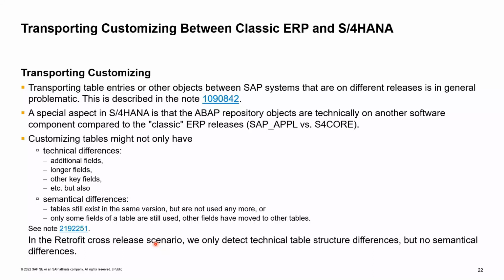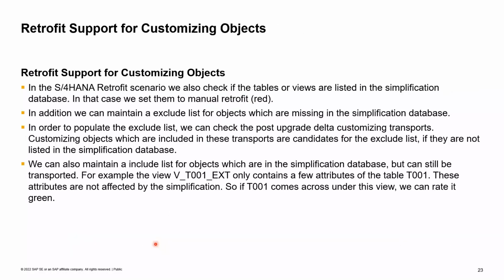Based on our experience, we will have ongoing enhancements of this whitelist, allow list and block list. So we check the tables, the views, and so on. We also exclude objects which are missing in the simplification database. For that, we can provide a complete list of all the customizing objects to support you in the best way, and we can also identify this kind of attributes and so on.